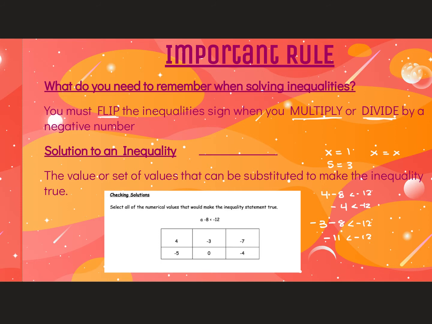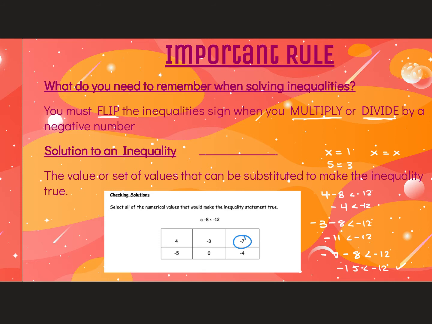Let's look at negative 7. We have negative 15 is less than negative 12, which is a true statement, because remember, the closer a number is to 0 on the number line, especially on the negative side, the greater the value it is. So negative 12 is closer to 0 than negative 15.